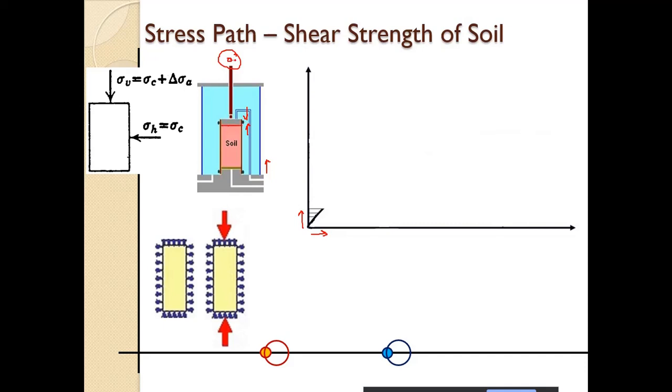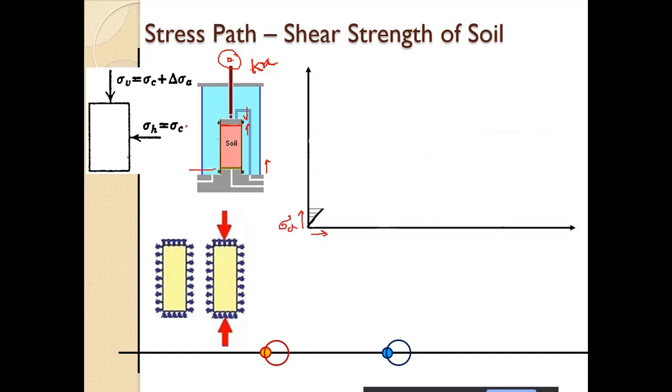And from the compression in the proving ring, K into X, where K is the proving ring constant and X is the displacement or compression in the proving ring, we measure the sigma D, and obviously axial strain we can measure.